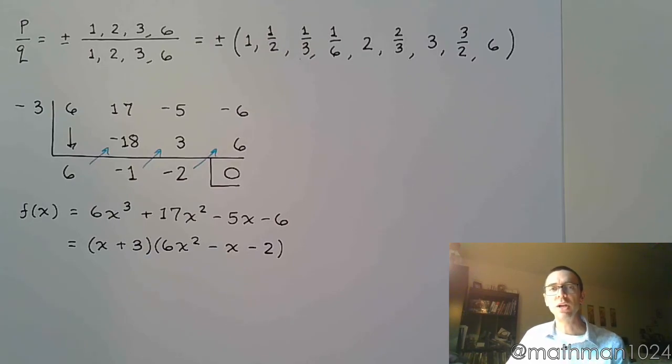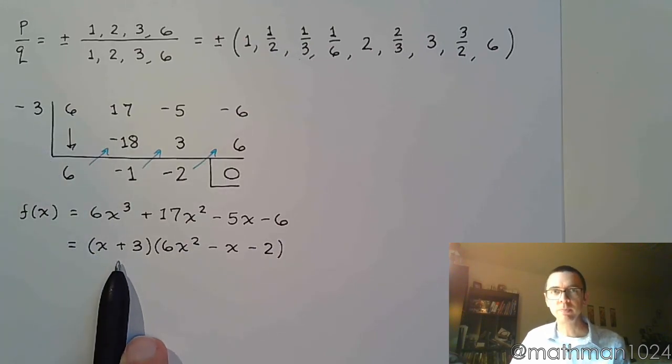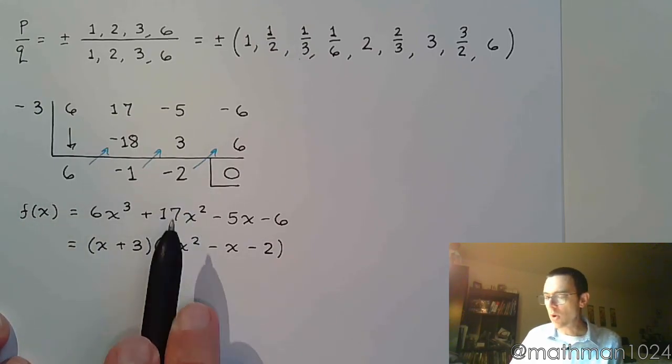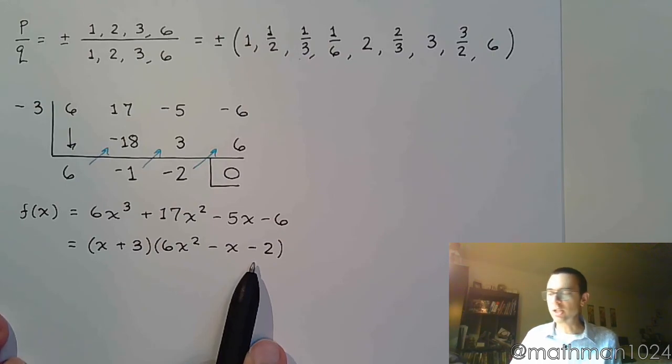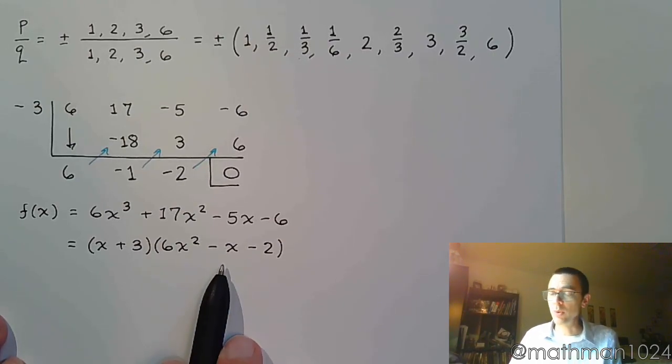So this is that first stage in factoring the polynomial function. The first part is to find one of the zeros, which was negative 3, which would have come from the factor x plus 3. So we have a remainder of 0 from that division, and we take the rest of this stuff right here, and we write the quadratic from that, 6x squared minus x minus 2. And now we need to factor this, or try to anyway, right?